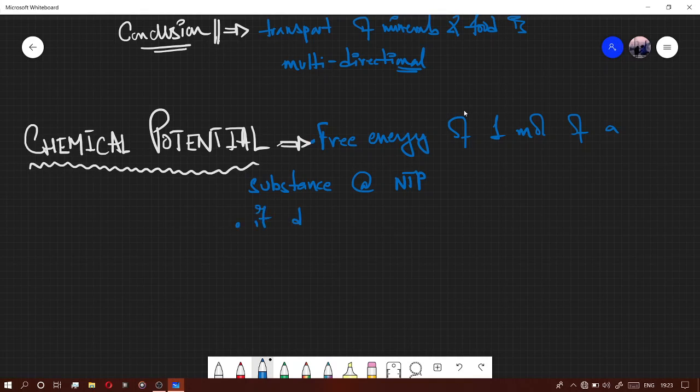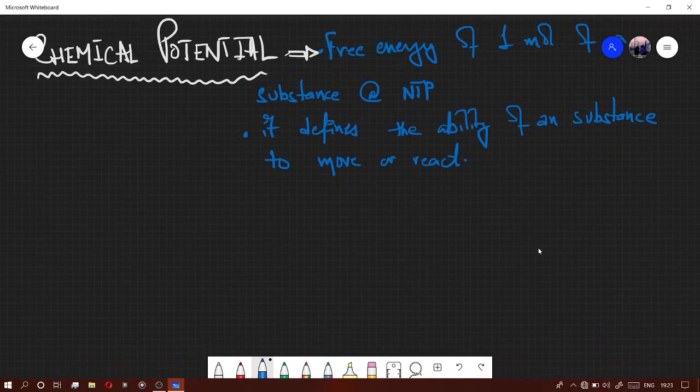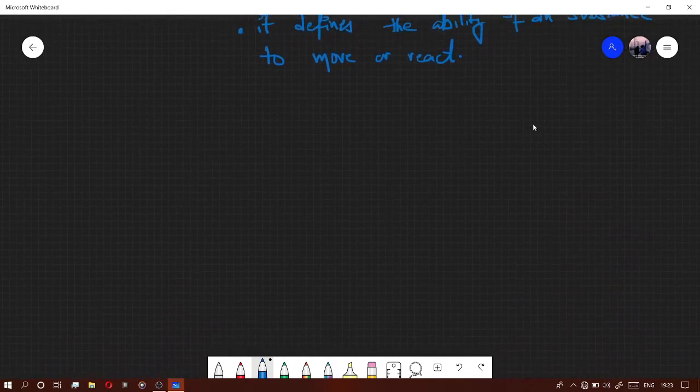It defines the ability of a substance to move or react. Guys, these are very basic, so I'm going a bit basic. Knowing this little extra won't hurt anyone.